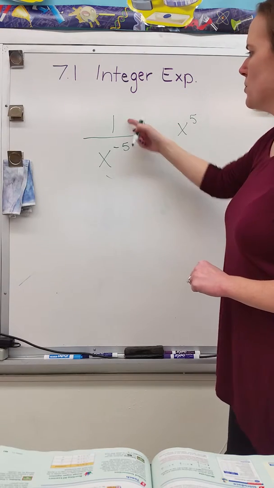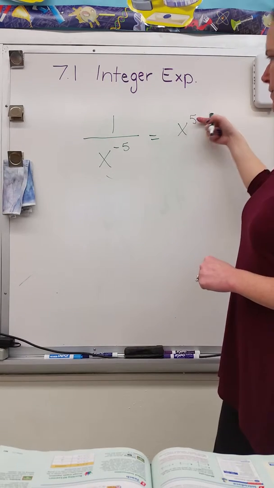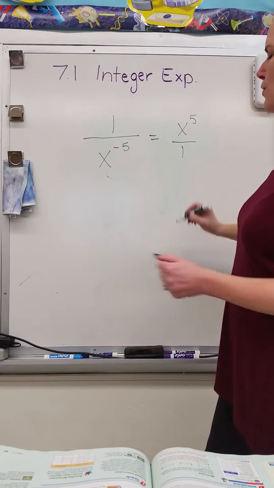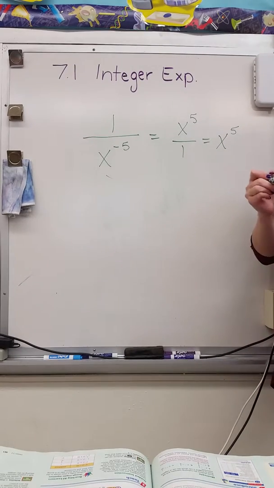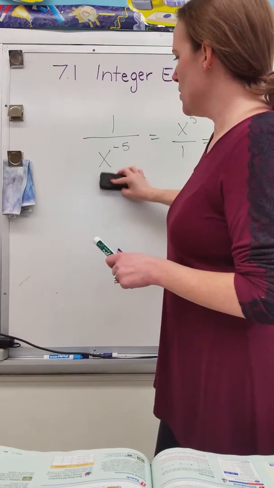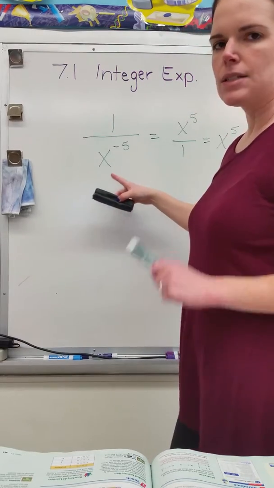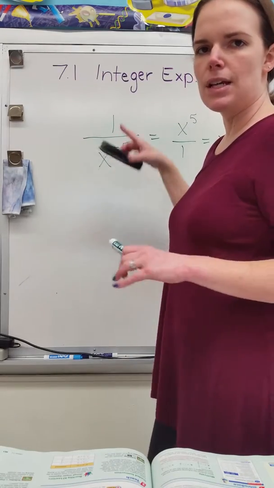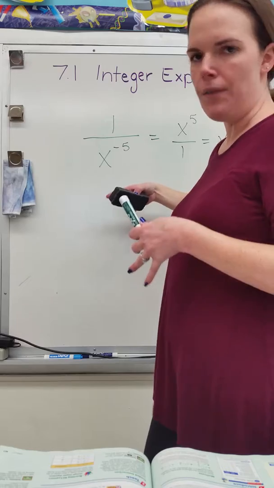So this 1 over x to the negative 5 is actually equal to x to the 5, or x to the 5 over 1, but that's the same thing. Make sure that you're paying attention to what your base is. It's only the base that's going to move to one side of the fraction bar or the other.